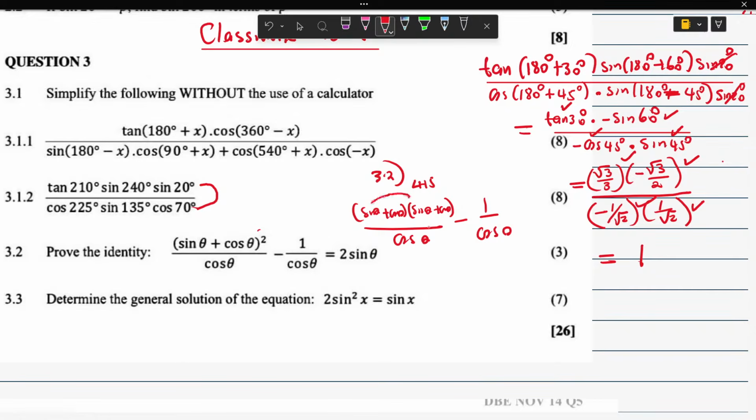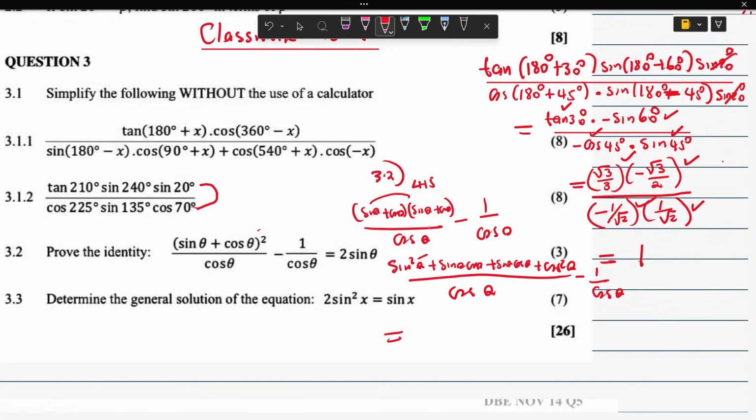So sine and sine will be sine squared theta. Sine and cos will be plus sine theta cos theta. Again, sine theta cos theta. Then the last one is cos, which will be cos squared theta, all over cos theta, minus 1 over cos theta. I believe that one is making sense.